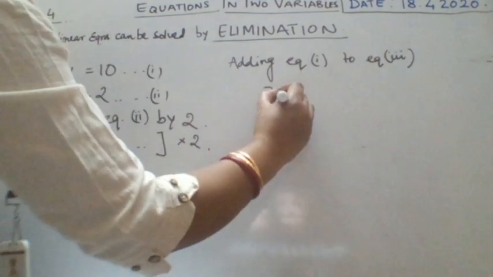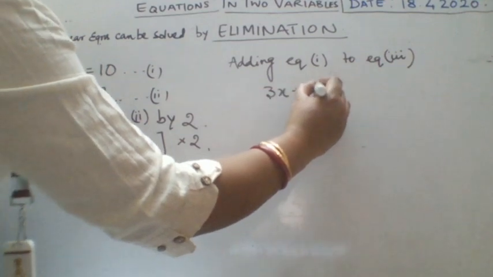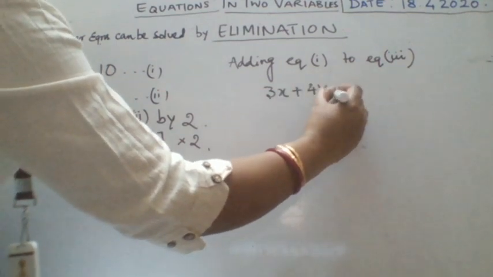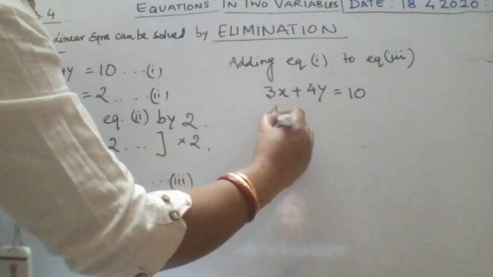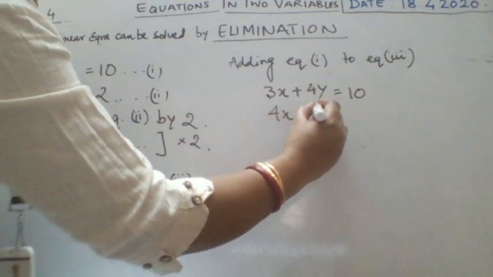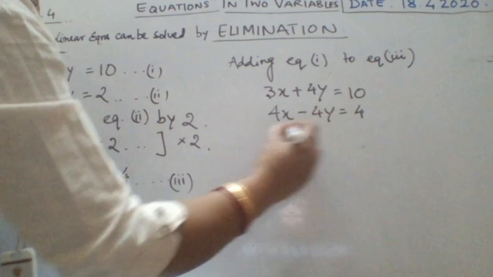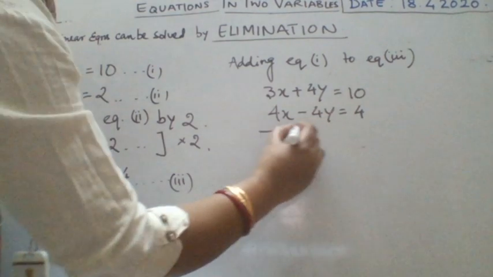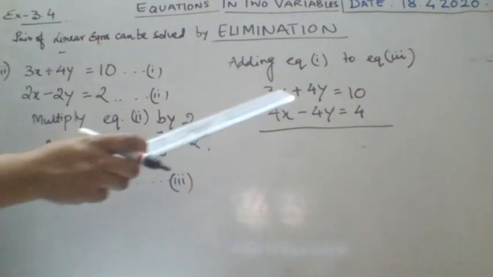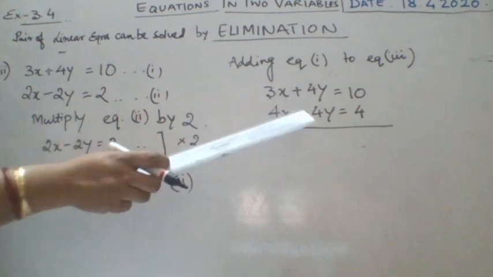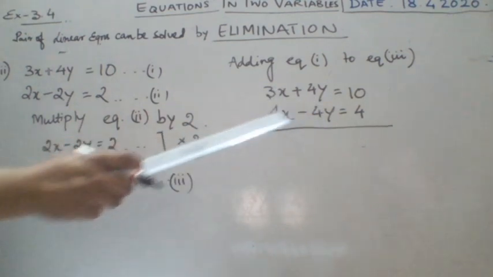The first one is 3x plus 4y equal to 10, and the other one is your 4x minus 4y equal to 4. So if you add them, because coefficients are same and of course they are of different sign, plus and minus, we will simply add them.